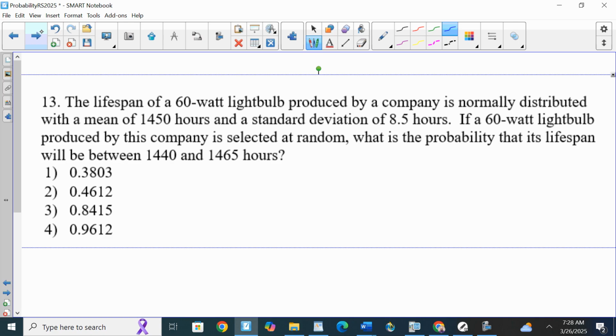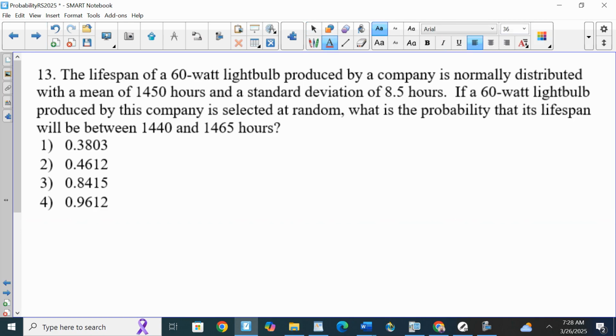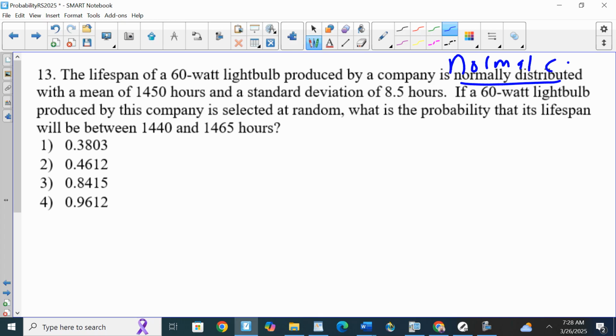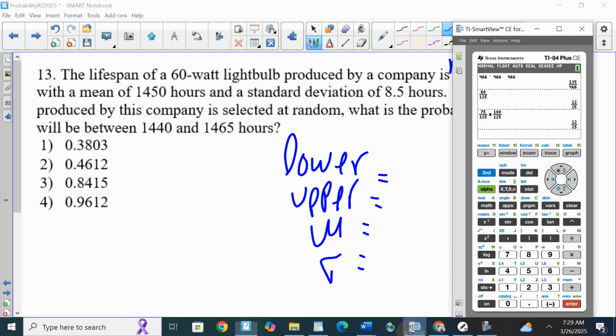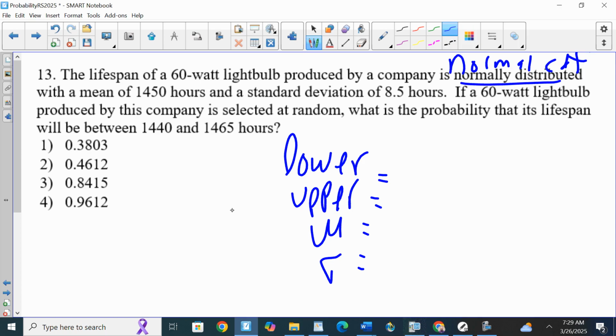Which brings us to normally distributed. When we see normally distributed, that's when we do normal CDF: lower, upper, mu, sigma. So I've got mean is 1450, that's my mu. I've got standard deviation is 8.5, that's my sigma.